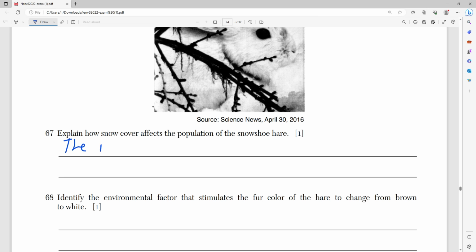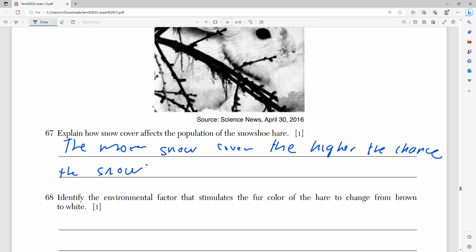The more snow cover, the higher chance the snowshoe hare will survive, right? Or the more snow coverage there is, the higher the population of snowshoe hares. You could have said that the snow greatly benefits the survival of the population, right?